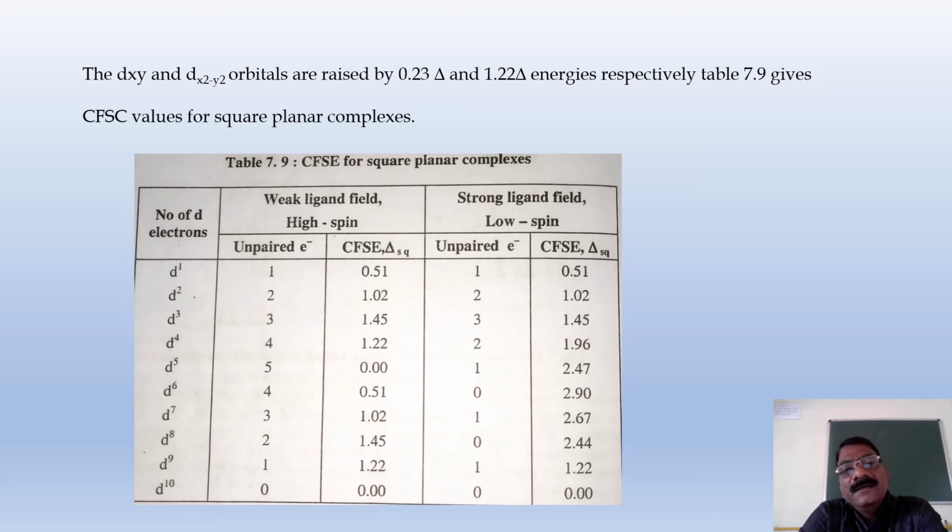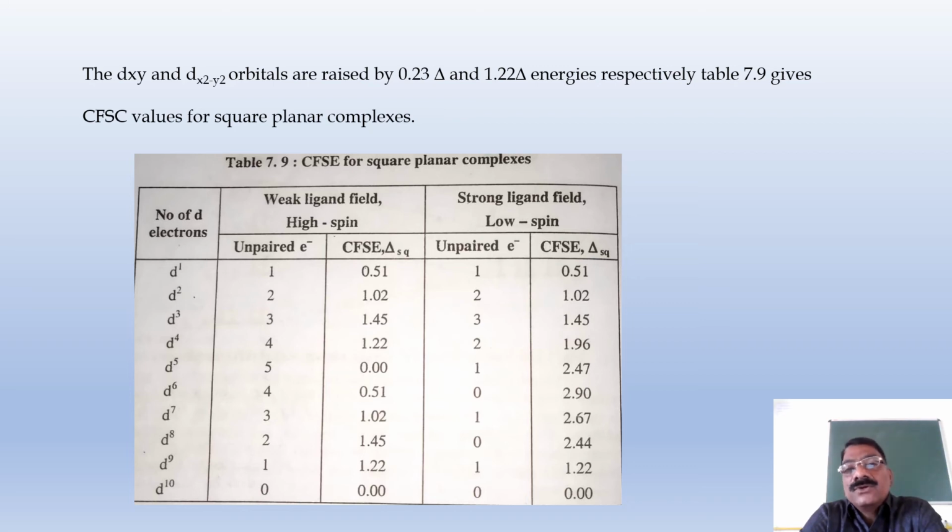First, in the weak ligand field, that is high spin complexes, the d1 system CFSE is 0.51 delta, d2 1.02 delta, d3 1.45 delta, d4 1.22 delta, d5 0 delta, d6 0.51 delta, d7 1.02 delta, d8 1.45 delta, d9 1.22 delta, and d10 again 0 delta.